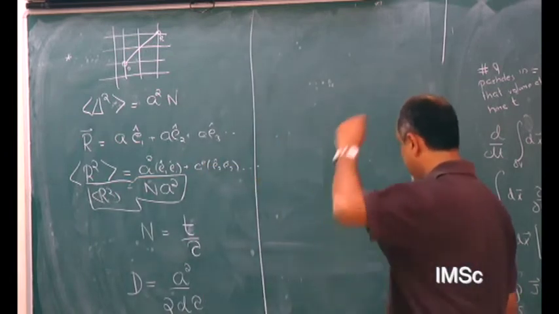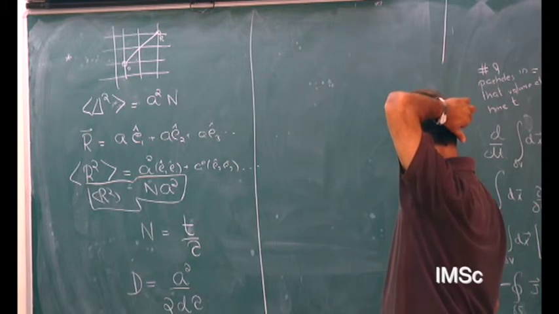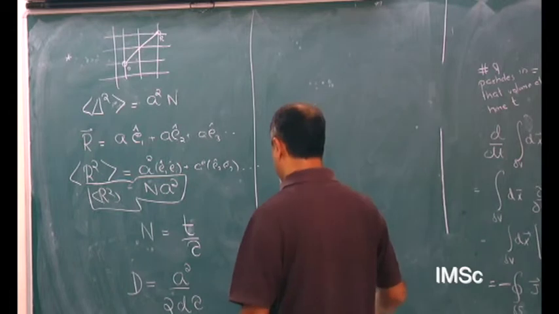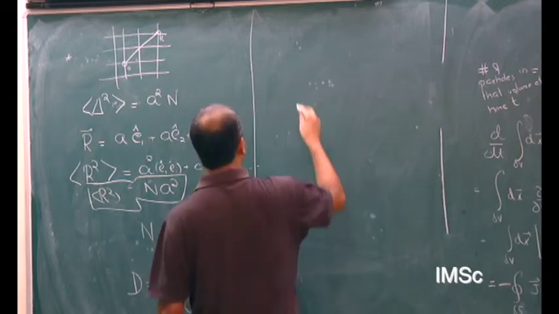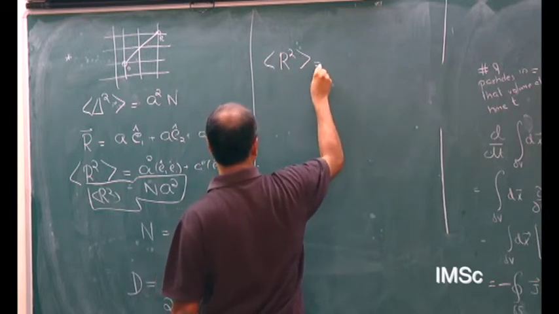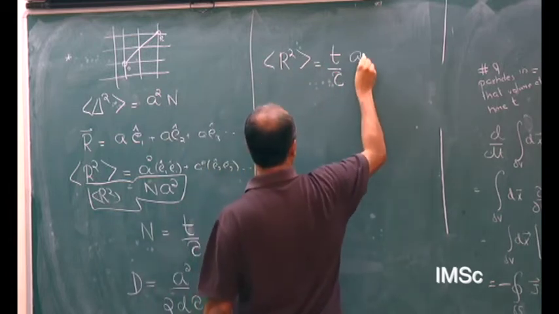So now I can put that back and write, in for n I substitute t divided by tau. So R squared average is n, which is t divided by tau, times a squared.